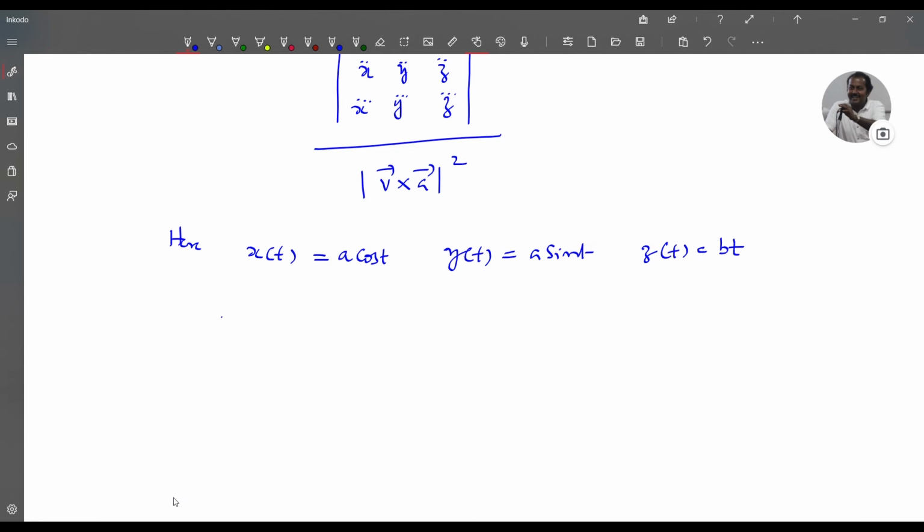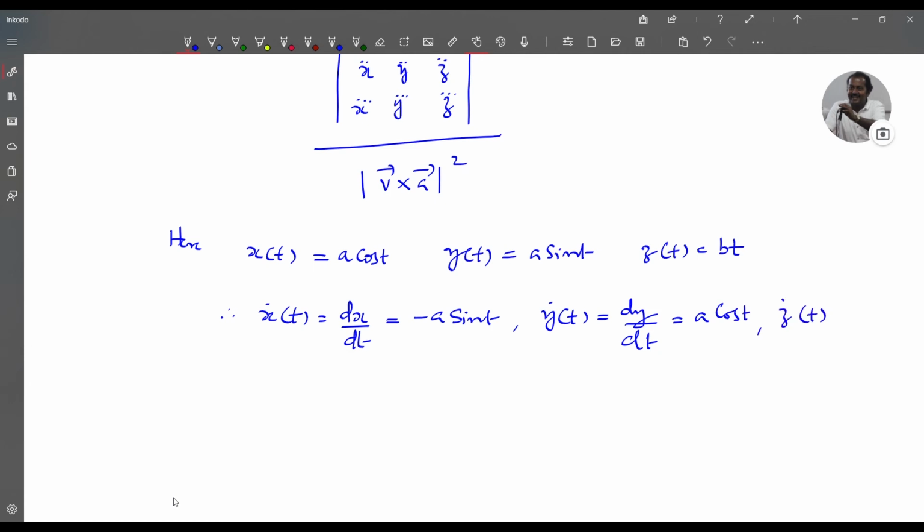Therefore, x dot of t, this is equal to dx by dt, this is equal to minus a sin t, and y dot of t, that is equal to dy by dt, this is equal to a cos t, and z dot of t equal to b.